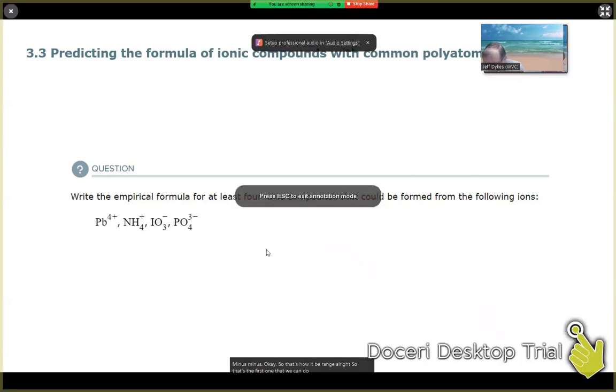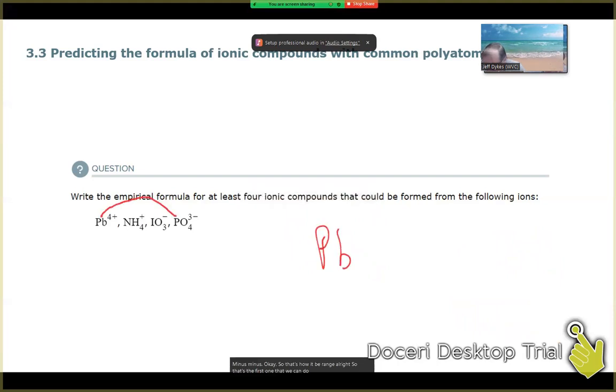The second one you can do is lead and the phosphate. So we get Pb4 plus, and then PO4 3 minus. Okay, so this is going to be 3 and 4 crisscrossing.